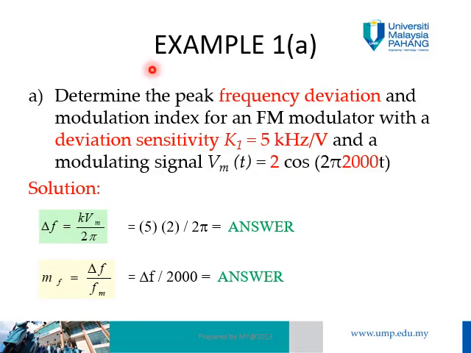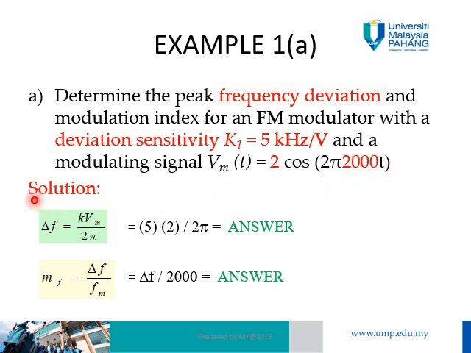Okay, example 1A. Determine the peak frequency deviation and modulation index m for an FM modulator with a deviation sensitivity K1 equal to 5 kHz per volt and modulating signal Vm equal to 2 cos 2 pi 2k t.